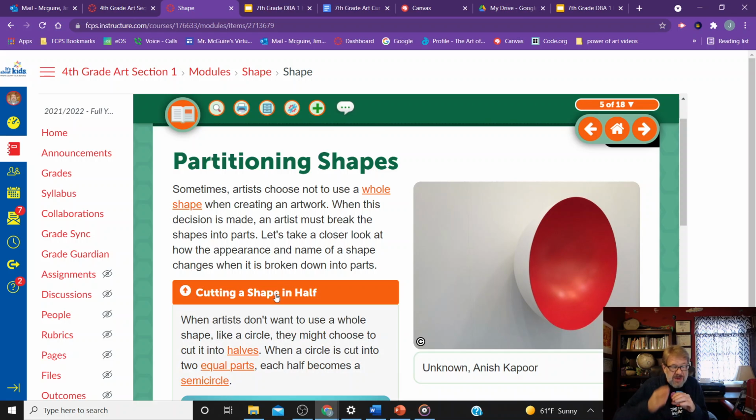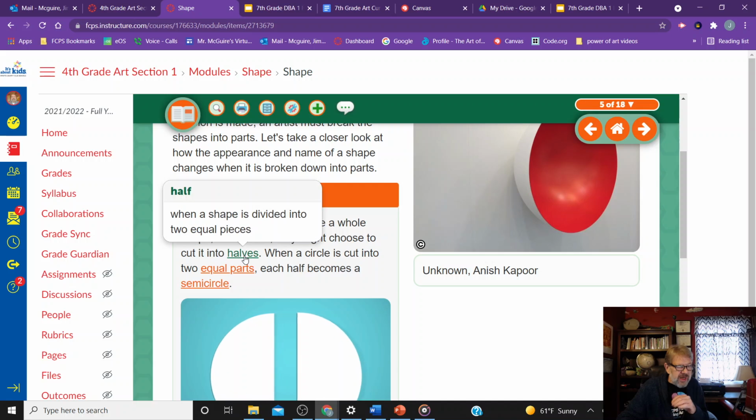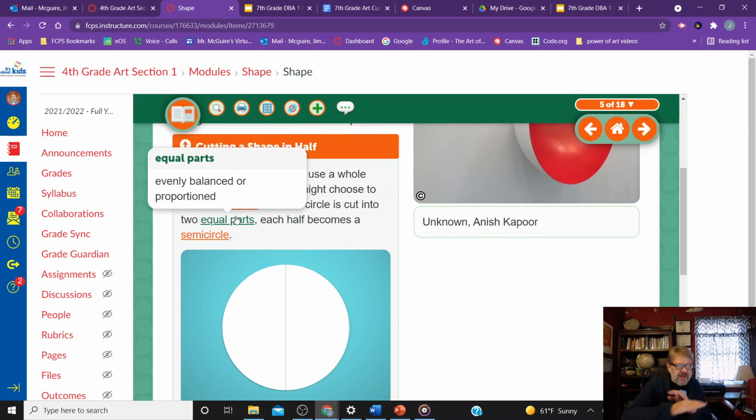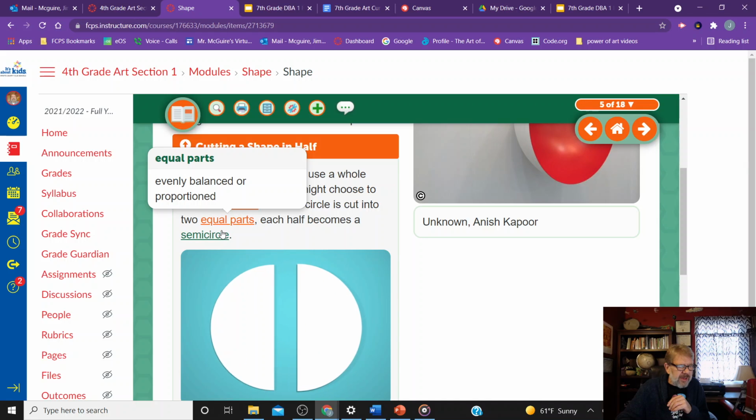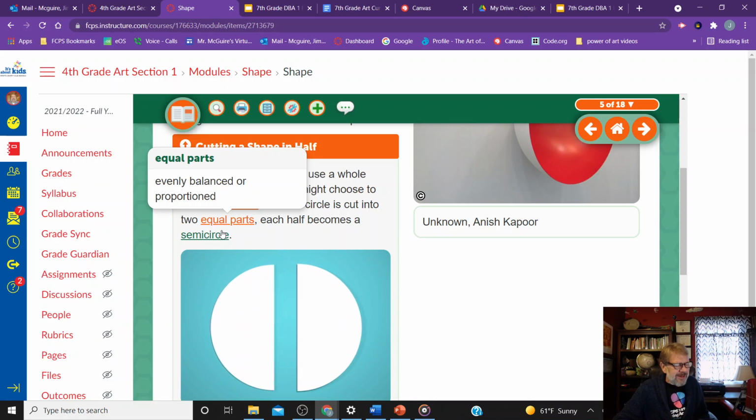So if we cut a shape in half, we can get different parts. If we cut it in half down the middle, we can get equal parts that way. If we cut it in two different ways, we can get what we call little wedge pie pieces, like little wedges. If you've ever played Trivial Pursuit, you get those little pie pieces.